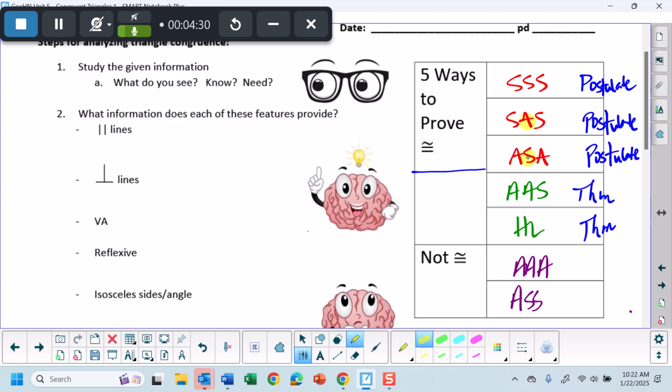Now the interesting thing is here, this angle, side, angle, we were talking about this one, you're like, okay, wait a minute, that side doesn't have to always be included because that leads me to my angle, side because of my 3rd angle theorem. So what works for 2 angles and a side does not work for 2 sides and an angle. Now our hypotenuse leg is a version of angle side.